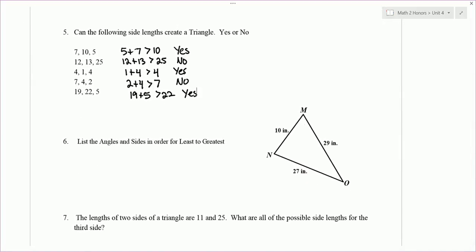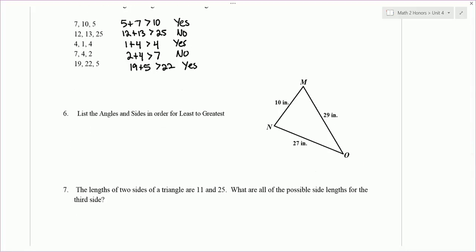Number 6, we're going to list the angles and sides in order from least to greatest. Okay, so for sides, not too bad here.